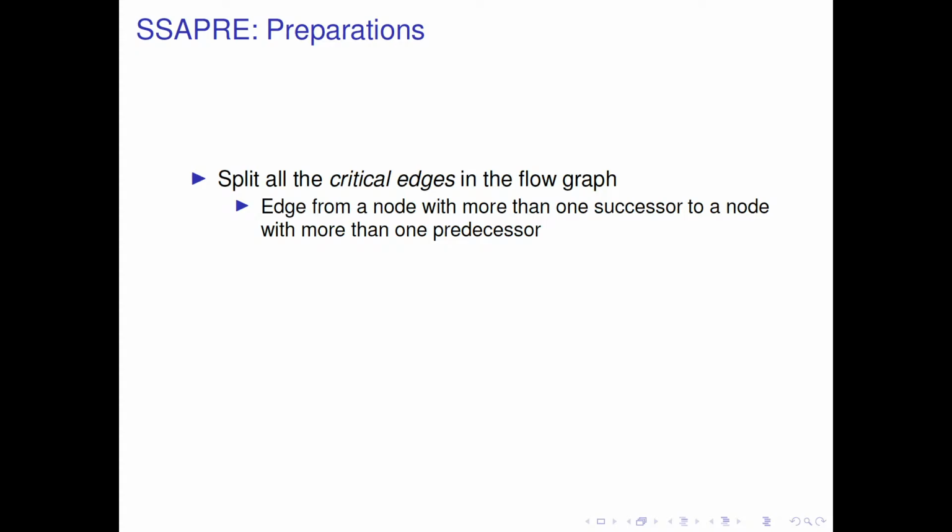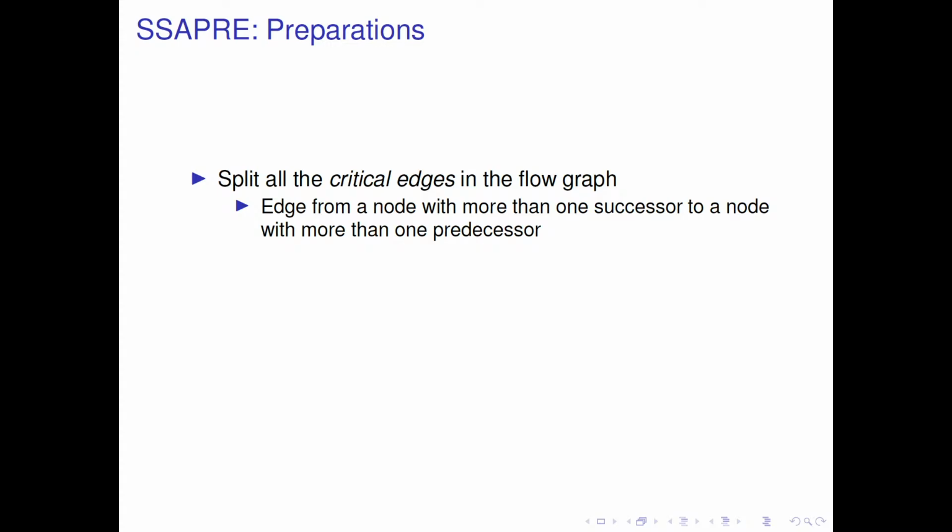If you move anything to a predecessor, information coming from here will also go here. Similarly, information coming from here will go here. So it makes your analysis imprecise. Secondly, if you are inserting a computation on one path, it might create undesired effects on the other path.